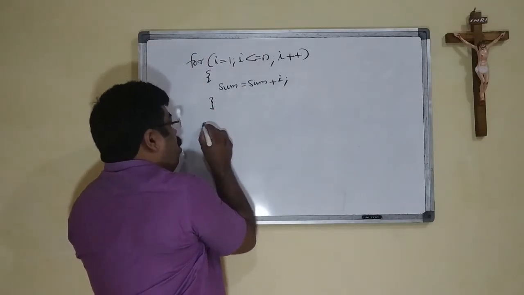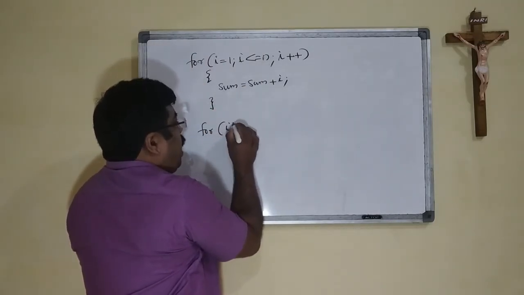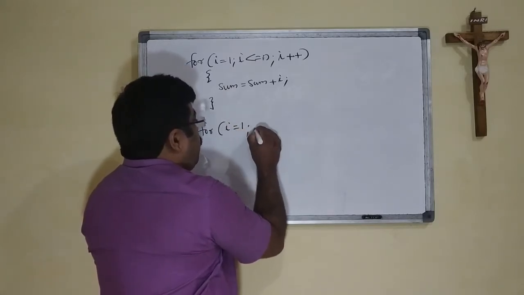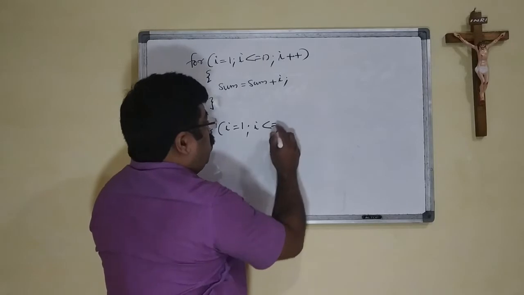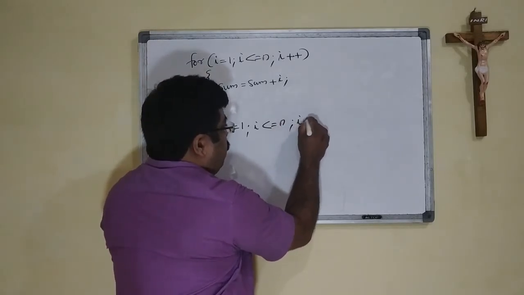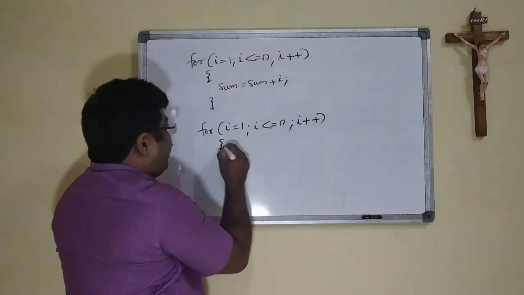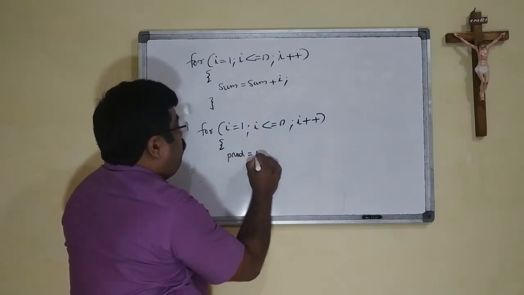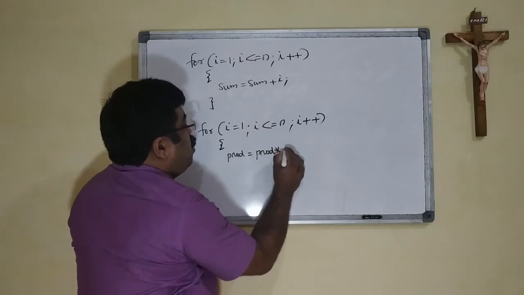Again I am writing one more loop. For i equal to 1, i less than or equal to n, i plus plus, product is equal to product into i.